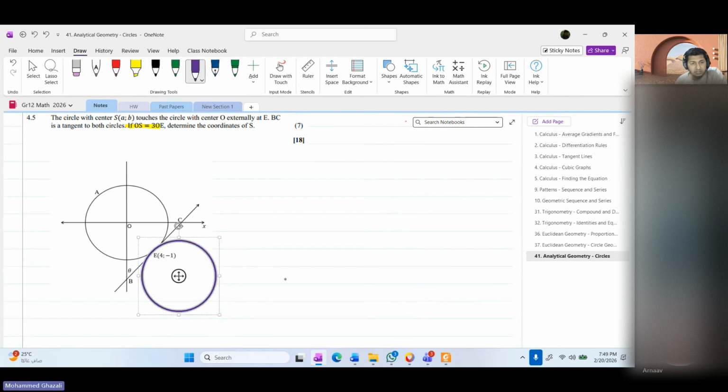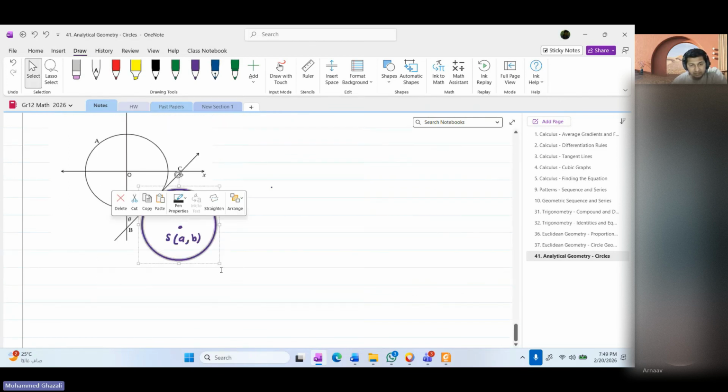But what's happening with this equation of the circle? What is OS? Okay, this is another center, right? S is AB. OS is equal to 3 times OE. So what they're saying is that this is a bigger circle over here.